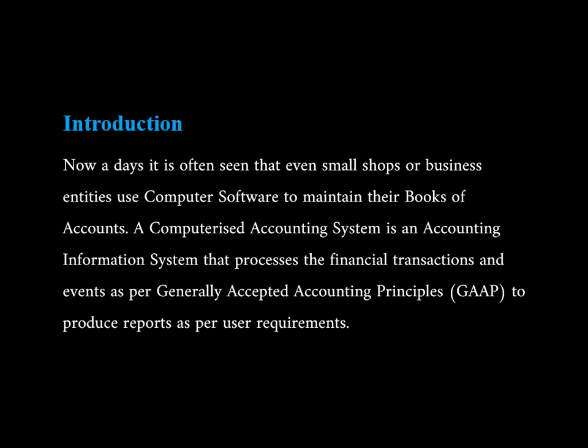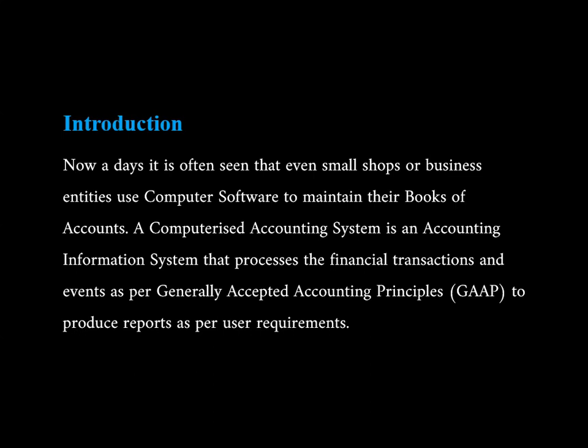In computerized accounting, the transaction data is stored in a well organized database, and the user operates on such a database using the required and desired interface, and also takes the desired report by transforming stored data into information.